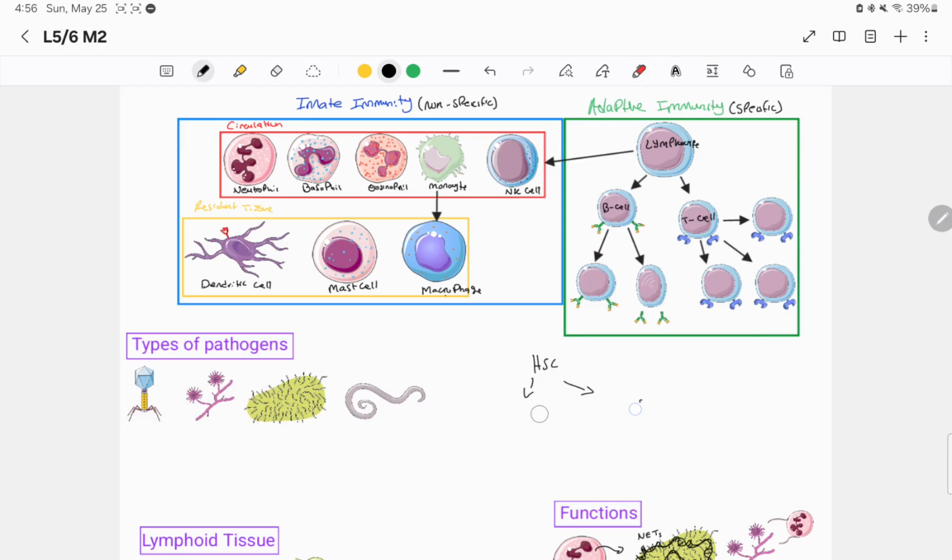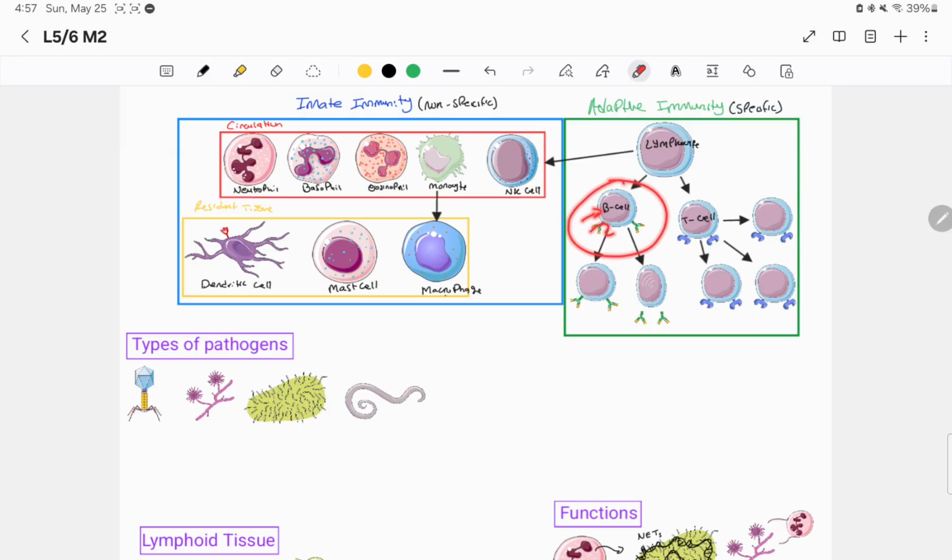Now, we'll touch on this a little bit later, but as we learned, not all of those things stay in the bone marrow. Obviously, the white blood cells will leave to go into the circulation. Some of them will leave to go into their resident tissues. And other ones will be completely formed inside of the bone marrow, such as the B cell. And this B is for bone marrow.